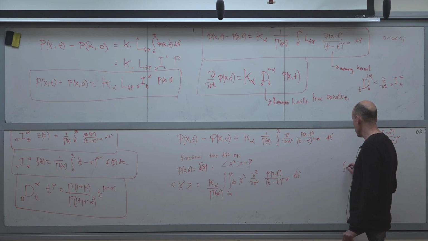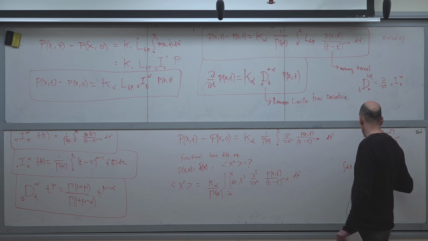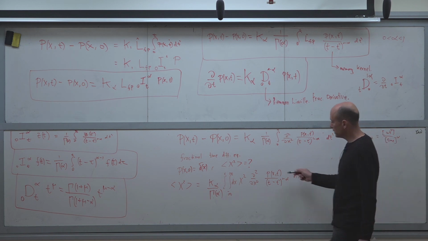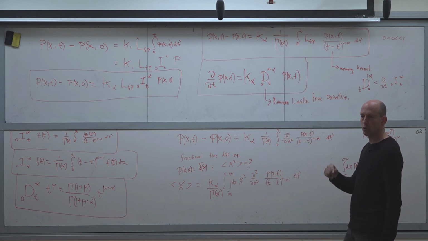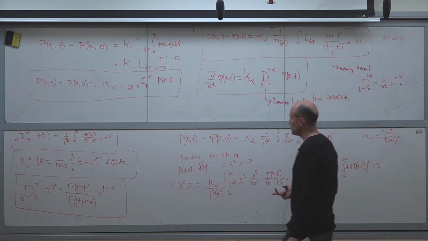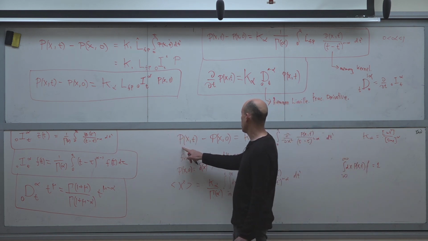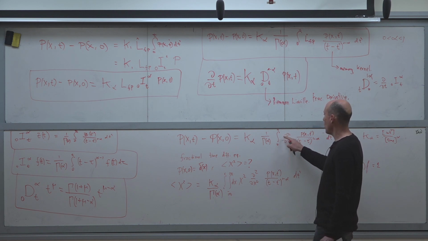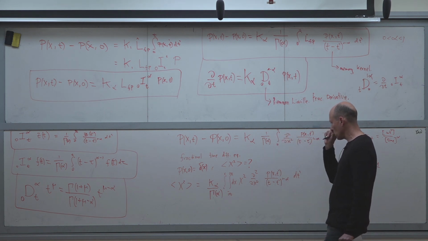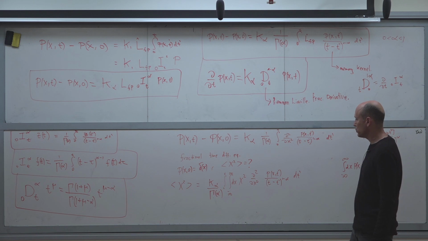And one can show, this is really easy to show, that this is equal to 1 for every time t. Which just means that the normalization of the density is conserved. You don't lose particles here. This is trivial. You just integrate this here, and you can show that this conserves normalization.